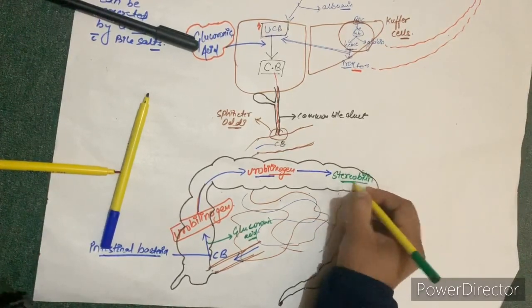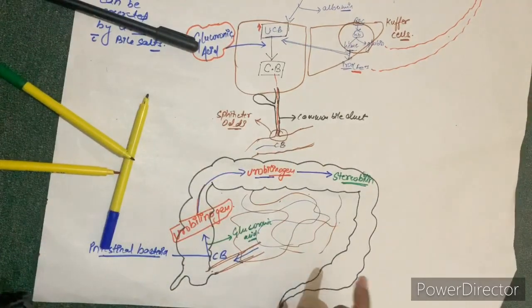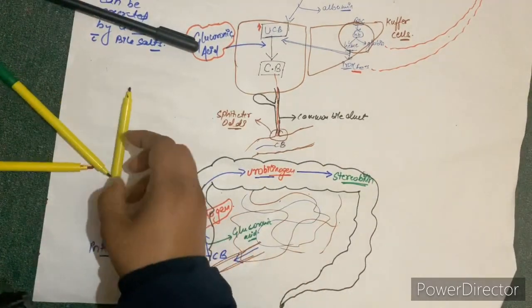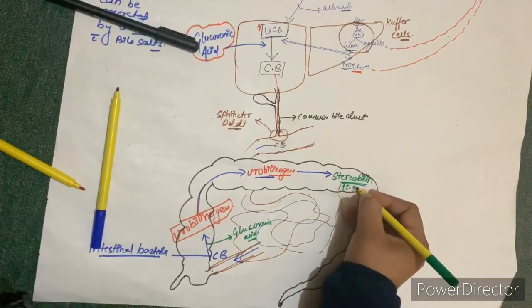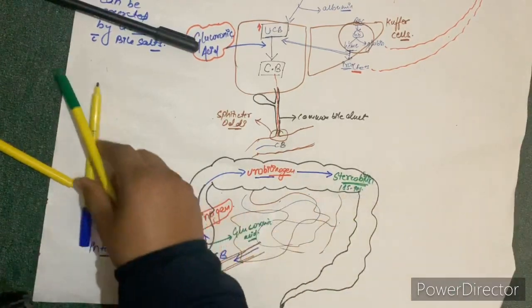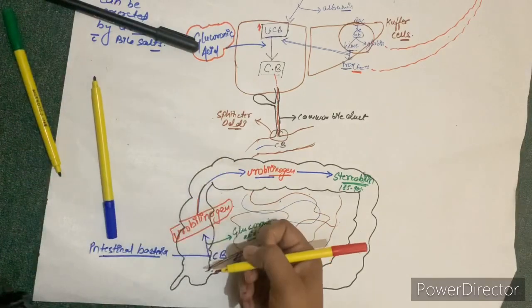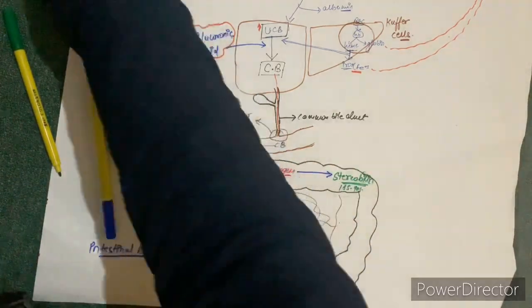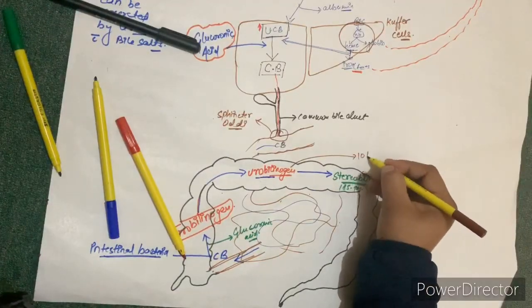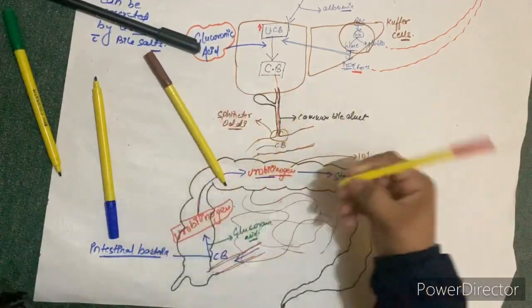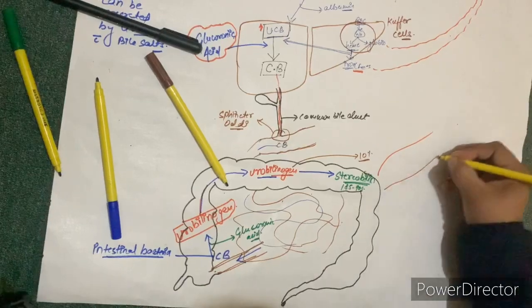This is water soluble, so it can be easily excreted. About 85 to 90% is converted into stercobilin, and about 10% of this urobilinogen is again reabsorbed by the system.